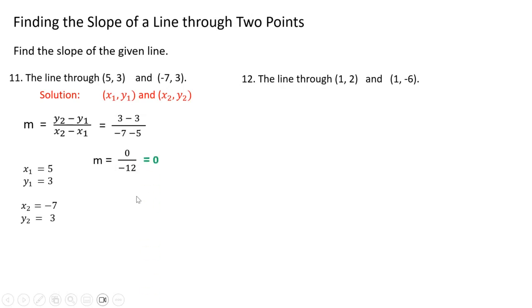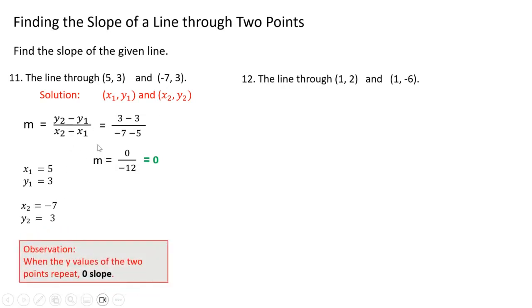But again, I show my students observations also. I tell my students, if the y's on each point repeat, then the slope will always be 0. So I always tell my students to look at the 2 points.